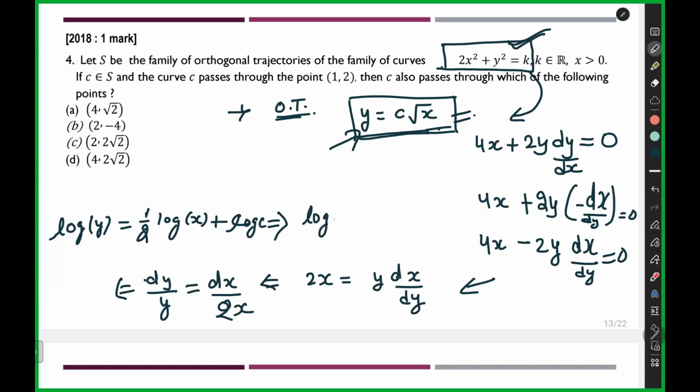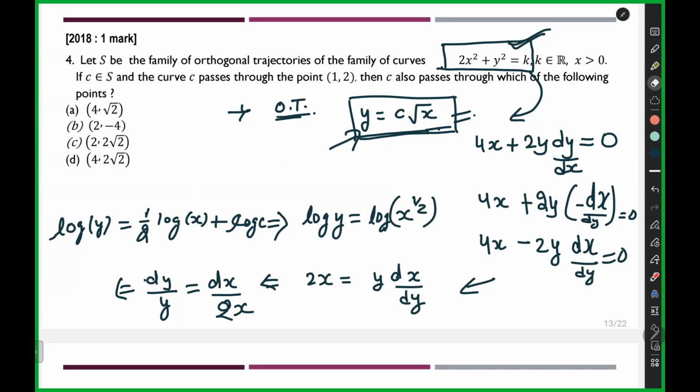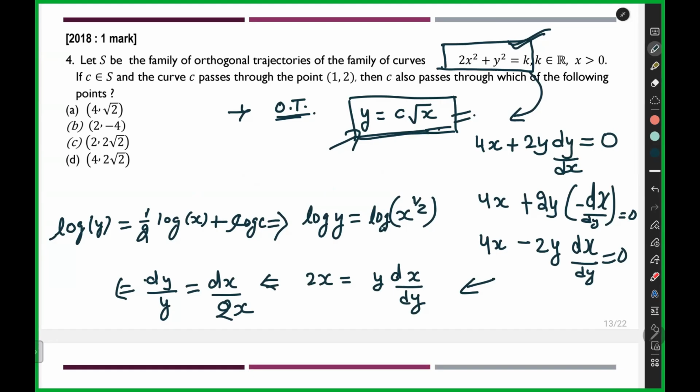So it can be written as log of y equals log of x to the power 1 by 2 plus log c. We all know that n log x is written as log of x to the power n, so here x takes the power 1 by 2.